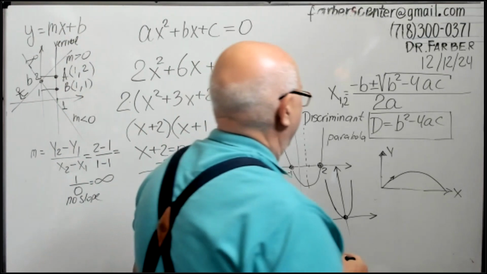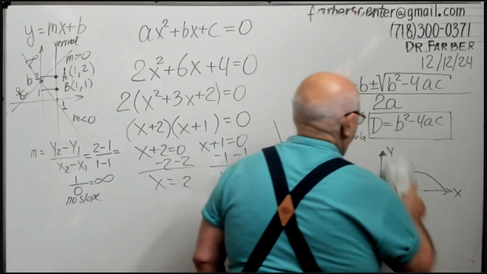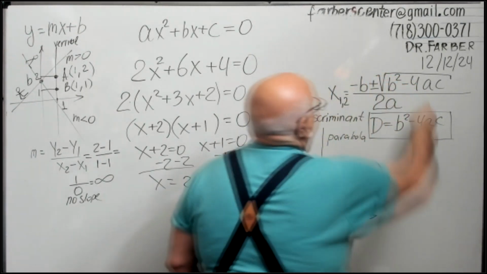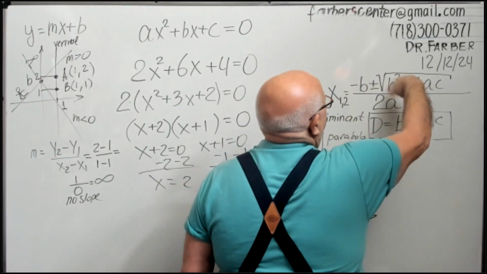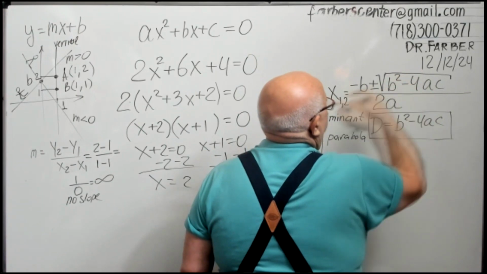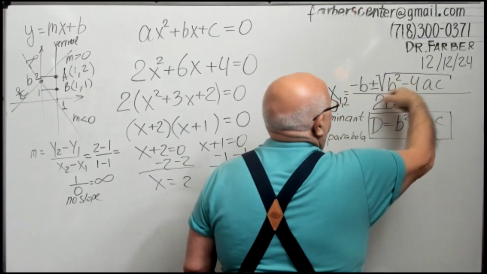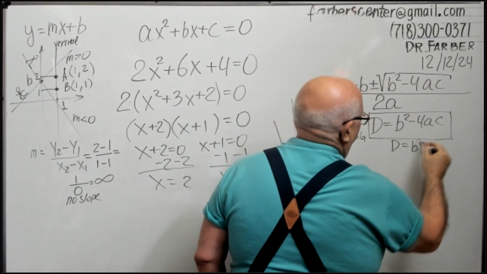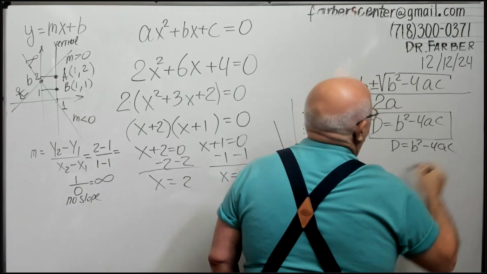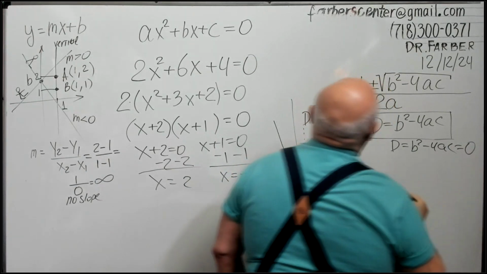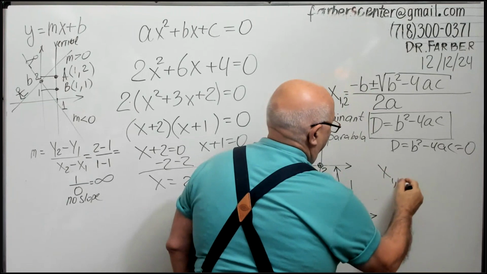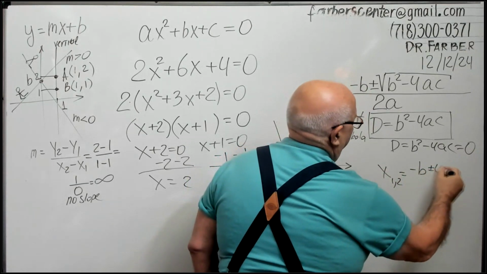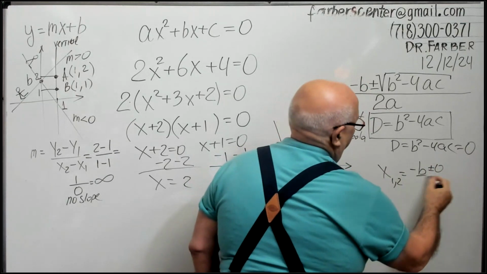Look at this great formula for the discriminant. This under the radical. If our discriminant equals 0, x1,2 equals negative b plus minus 0, which is nothing, divided by 2a.